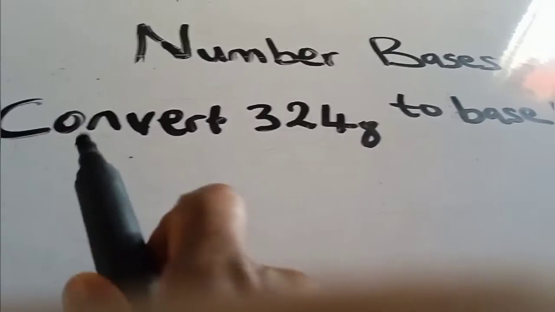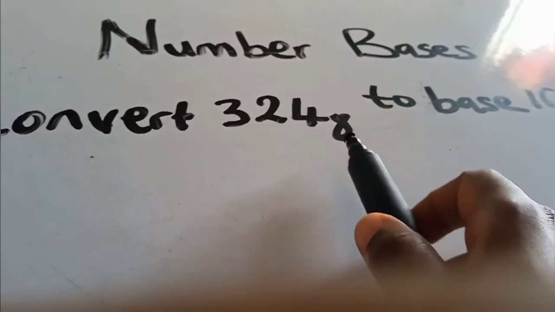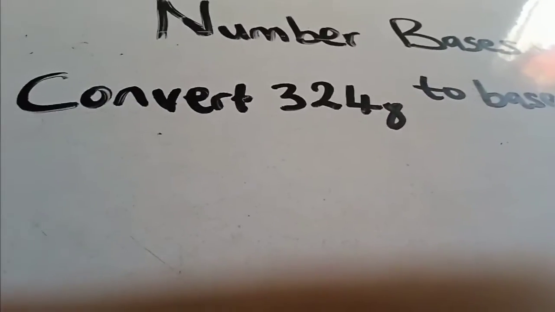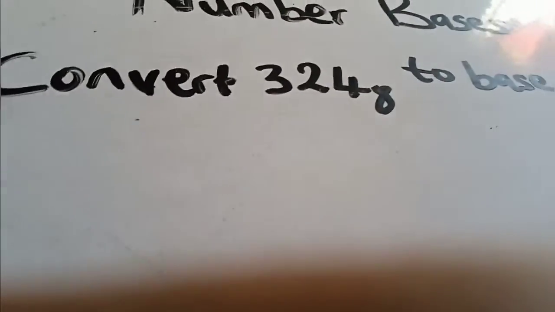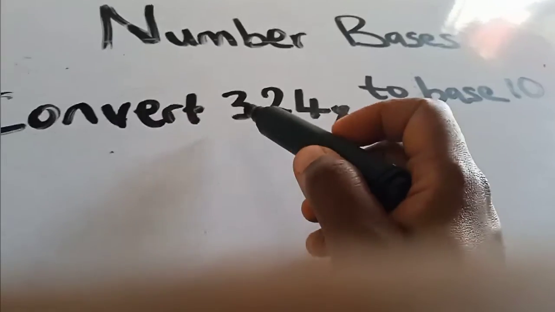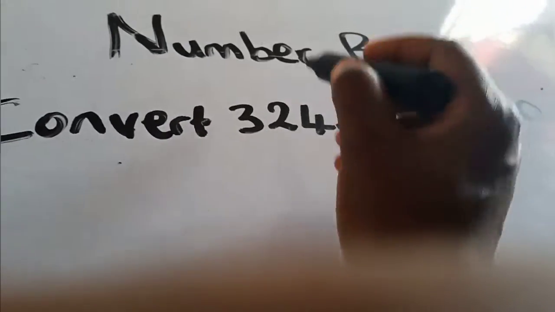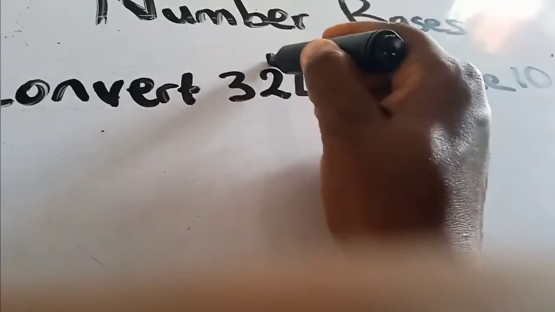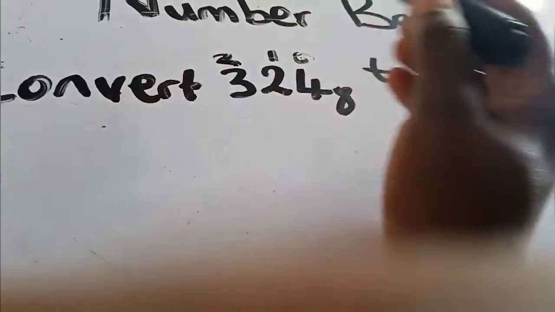We have the next example. Convert 234 base 8 to base 10. As we all know, we're using the expansion method. When you look at this number, we put the place value to each digit: 0, 1, 2.